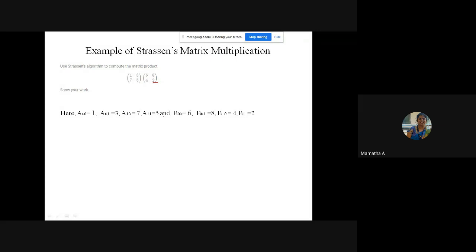Then what should I do? What do you think I should compute first? What value should I compute, students? M1 till M7, ma'am. Okay, can anybody tell me the formula for M1?